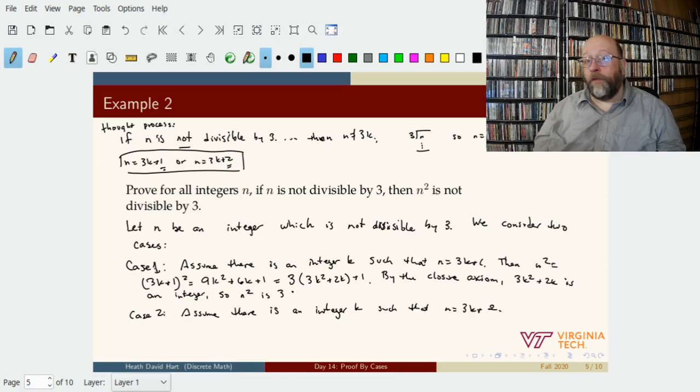So n squared is 3 times an integer plus 1 left over. And so n squared is not divisible by 3.